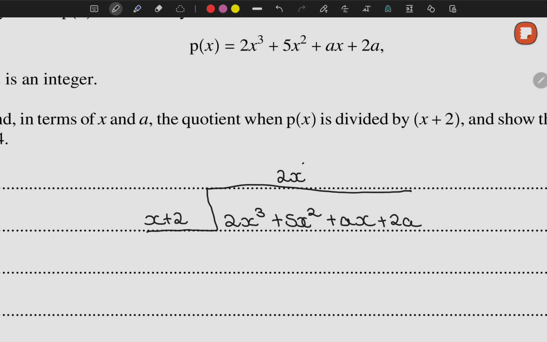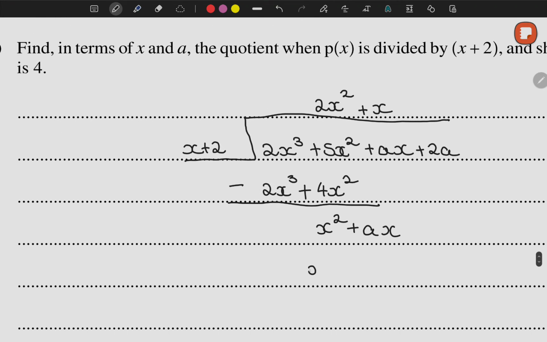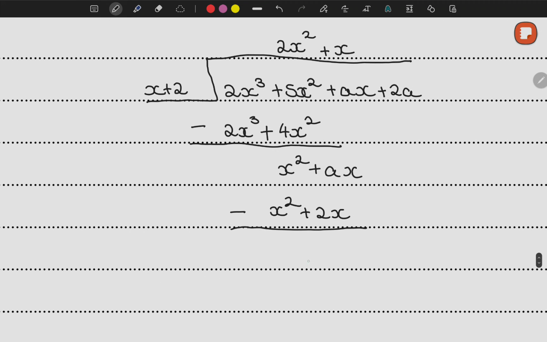It's going to be 2x squared, and then you multiply 2x squared by x to get 2x cubed plus 4x squared, and then you subtract: 5 minus 4 just gives you x squared. Bring it down, that's plus ax. It's going to be plus x, so x squared plus 2x. This is going to give you a minus 2x plus 2a.